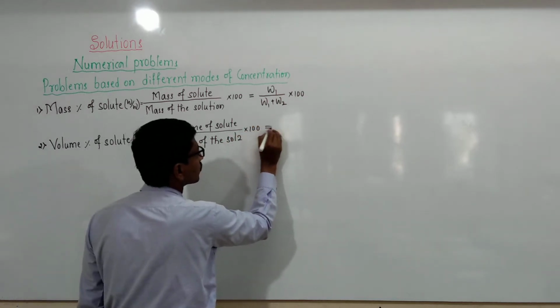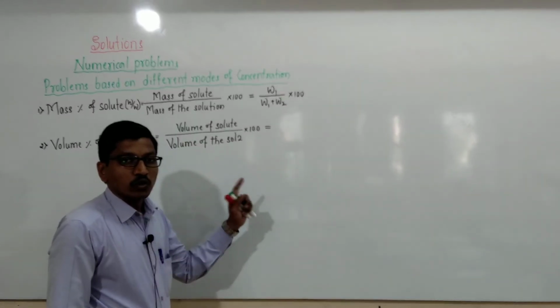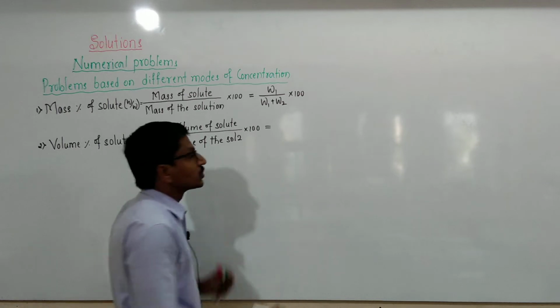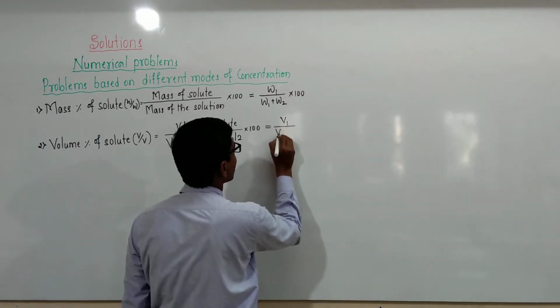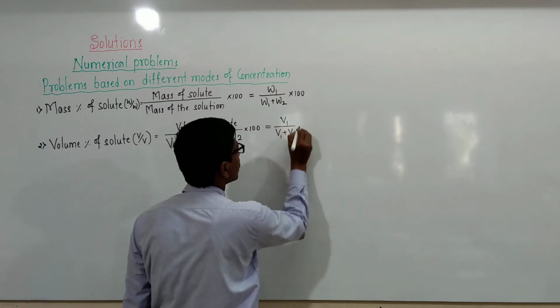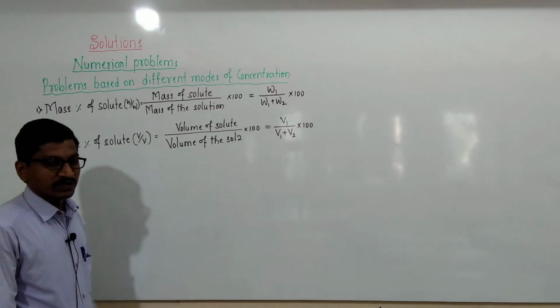The volume of the solution is the sum of volumes of solvent as well as solute. This is also represented as V1 by V1 plus V2 into 100. This is the volume percentage.